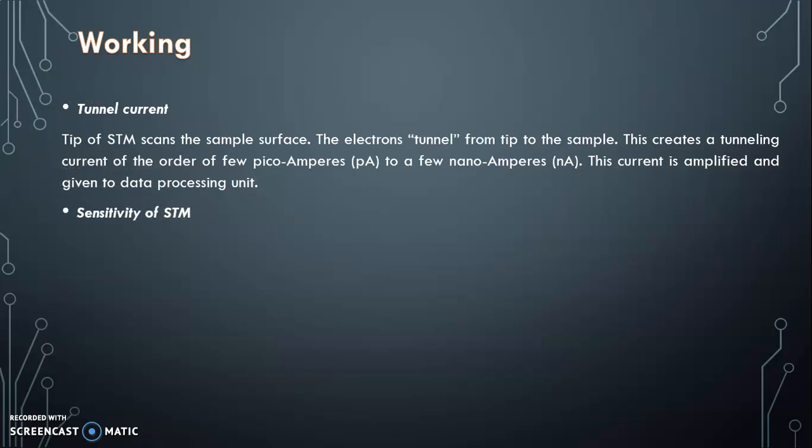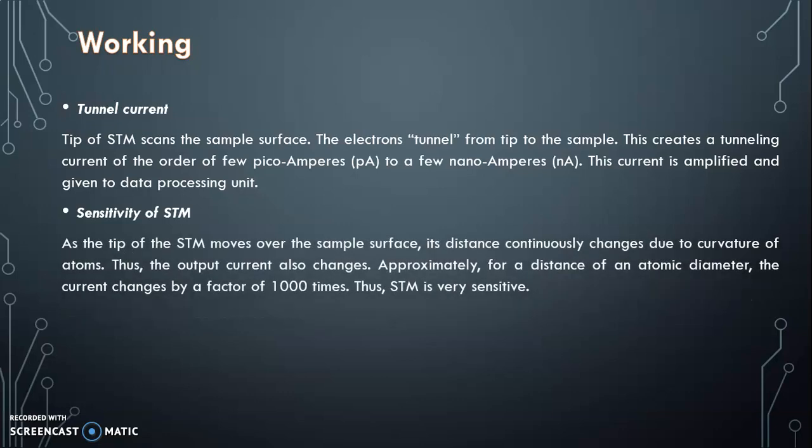The sensitivity of the STM: as the tip of the STM moves over the sample surface, its distance continuously changes due to the curvature of the atom. Thus, the output current also changes.